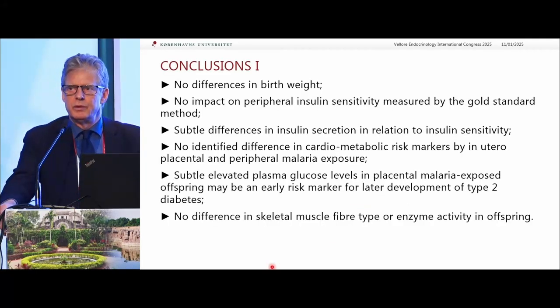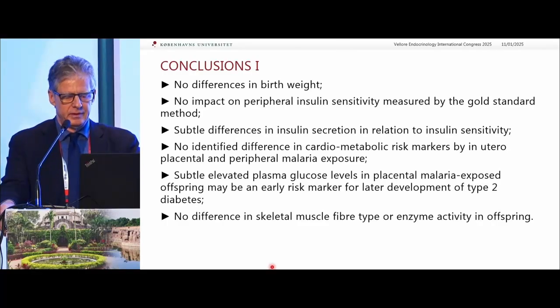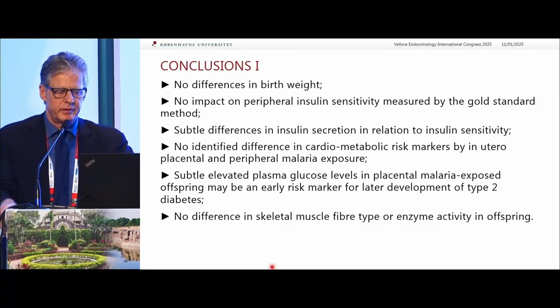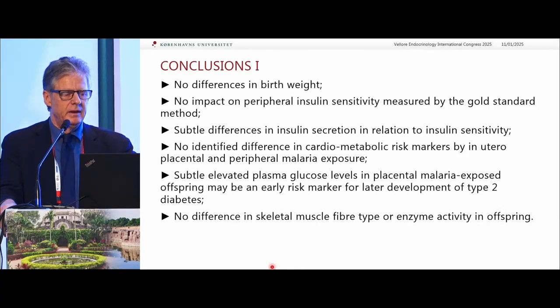So to conclude on the study, we saw no differences in birth weight, even though there was a tendency towards lower birth weight in the peripheral and placental malaria group. There was no impact on peripheral insulin sensitivity measured by the gold standard method, the clamp study. We saw subtle differences in insulin secretion in relation to insulin sensitivity.